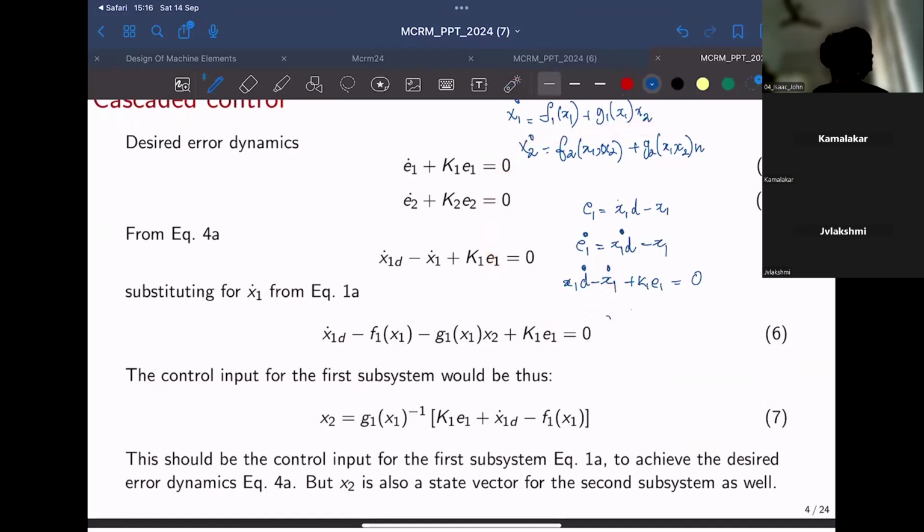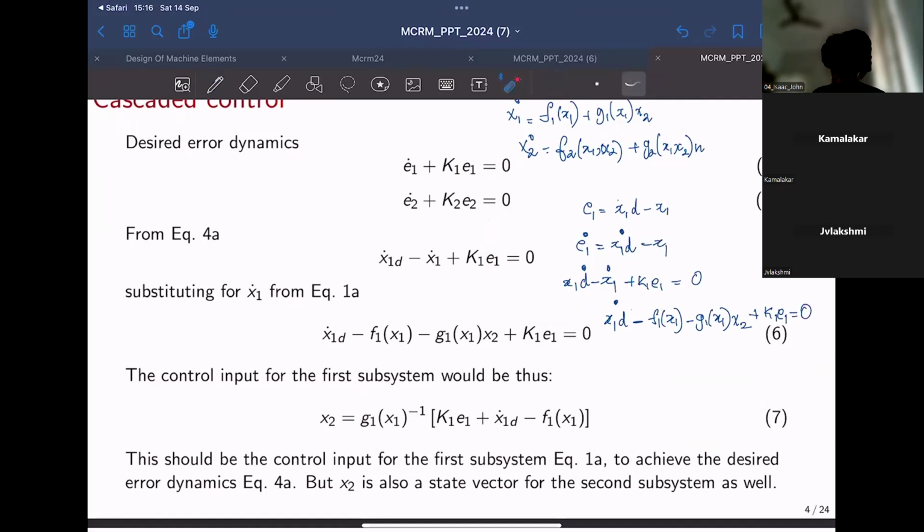So what should I get? X1 desired dot minus f1 of x1 minus g1 of x1 multiplied by x2 plus k1 e1. This should be equal to 0.